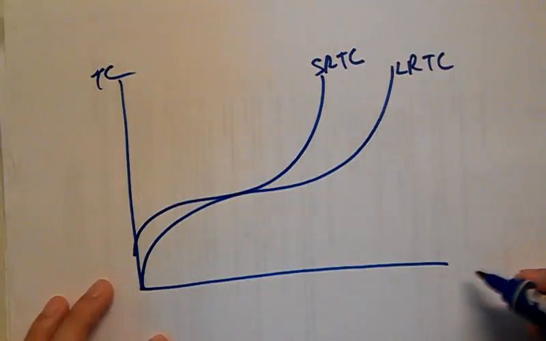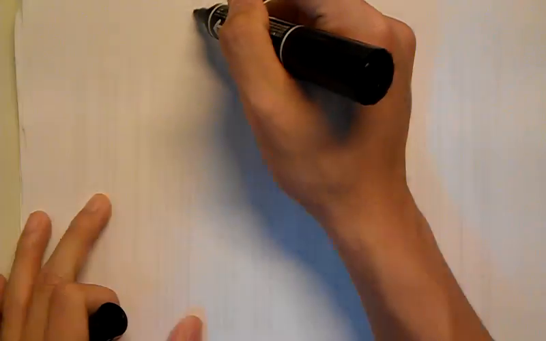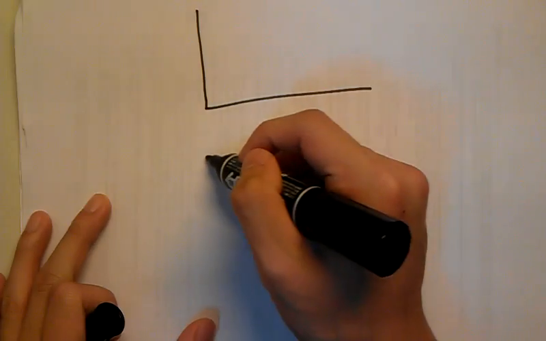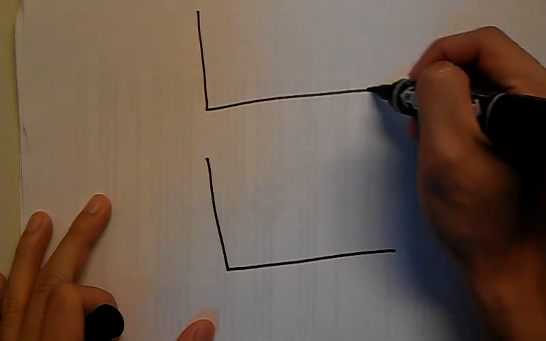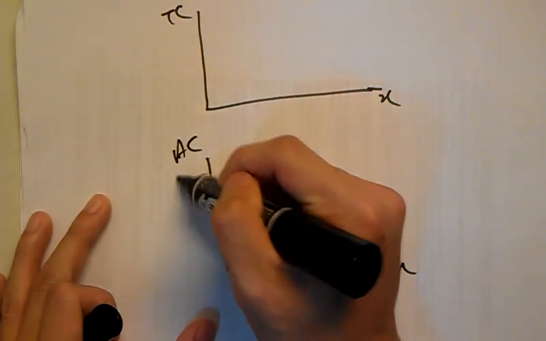But this is not the first step. What we need to do is draw two graphs, one on top of the other. This is quantities, this is cost.